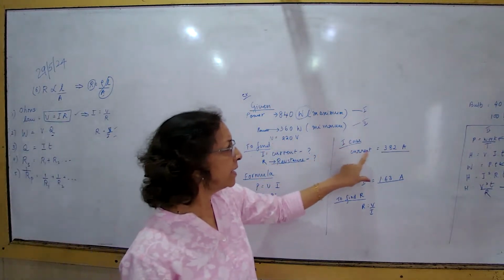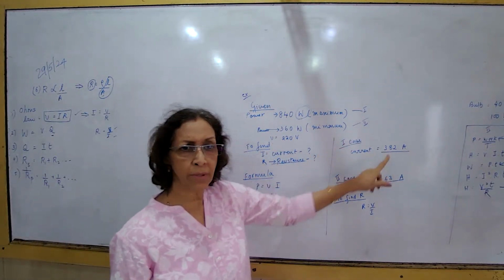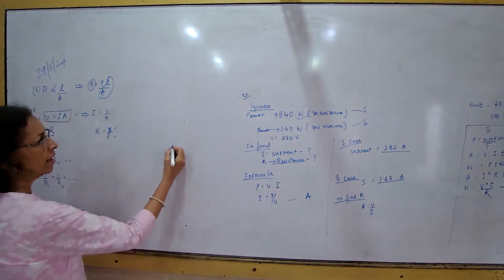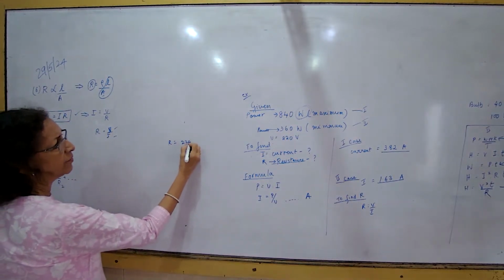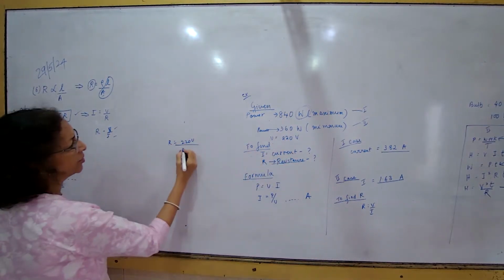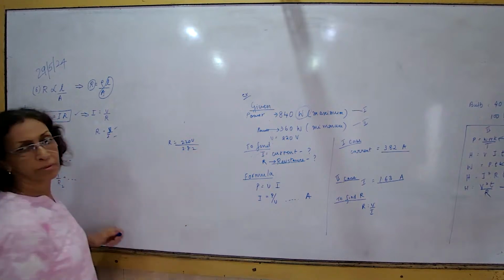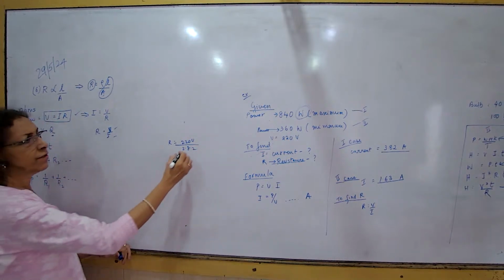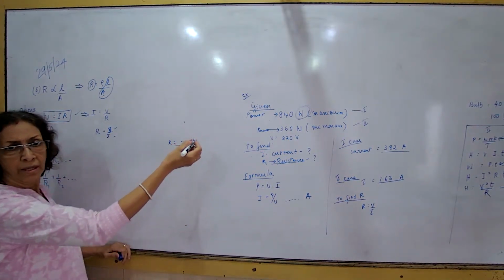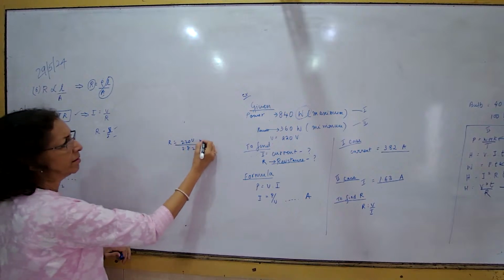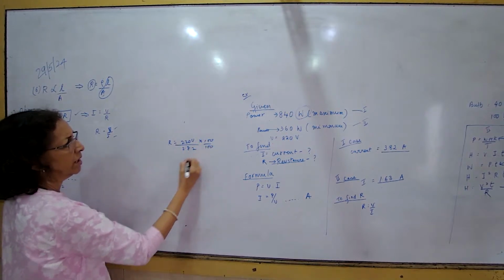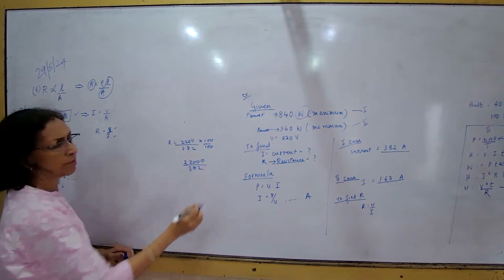And the current we found is 3.8. So how much is R? R you are going to write as 220 volts divided by the current that you have, that is equal to 3.8. Shift by 2 decimal places, into 100 times 100. So it is 220 divided by 382.